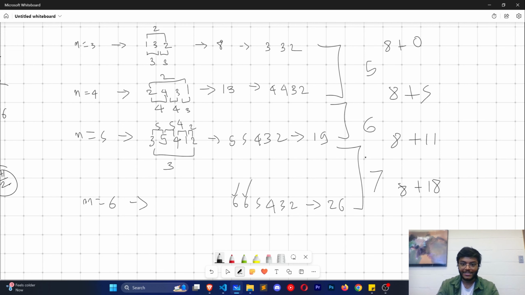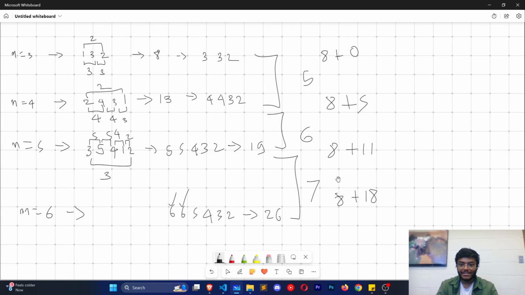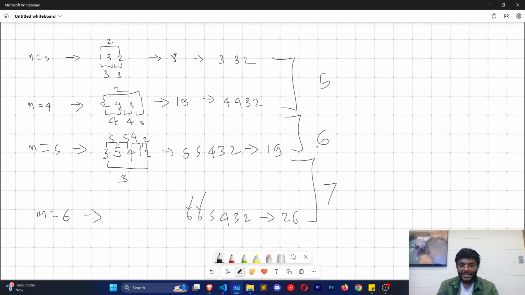So what we can do over here is that we keep the initial value 8, and then if let's say n is equal to 6, this value is always n plus 1, right?